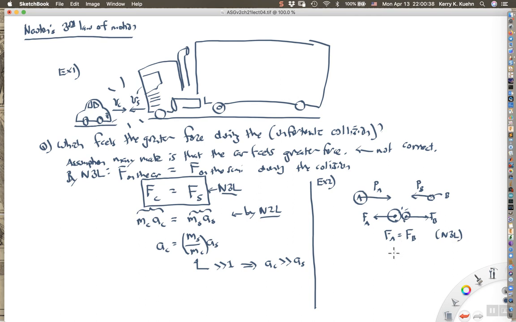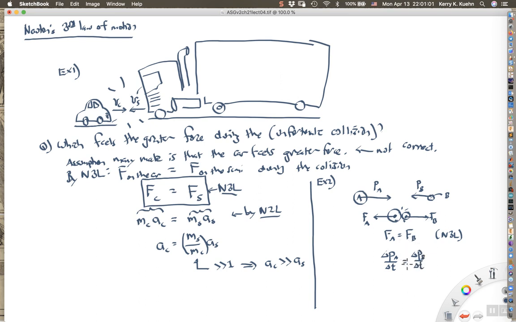And now we can write, using Newton's second law, what is the force on A? I'm going to write it as the rate of change of momentum of ball A and the rate of change of momentum of ball B. Okay?